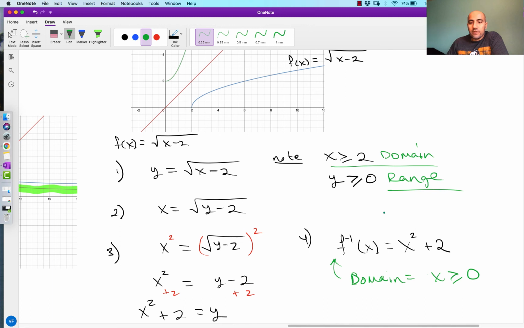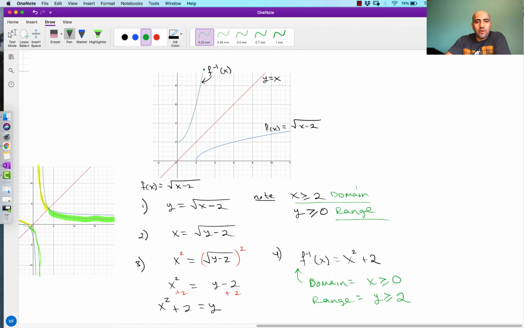The input is going to be the range of this one, and the range is going to be the opposite, which is y greater than or equal to 2. Okay, so that's why we get this answer.